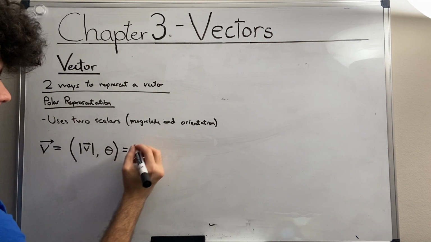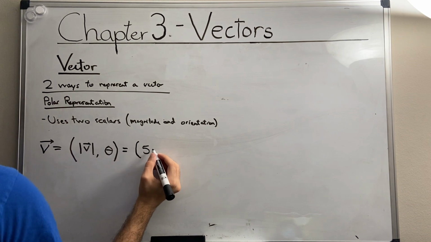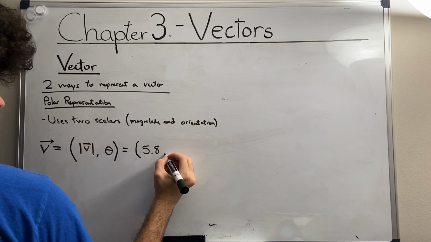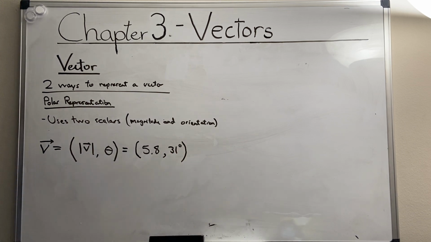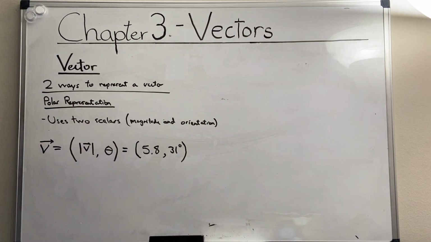For the sake of this example, you can say 5.8, comma, 31 degrees, right? We have a measurement of a length or of magnitude, and then we have the angle that the vector makes with respect to the x-axis.